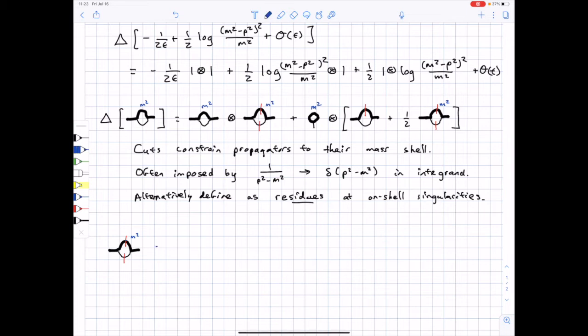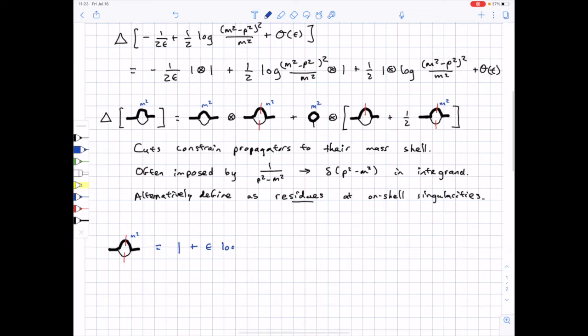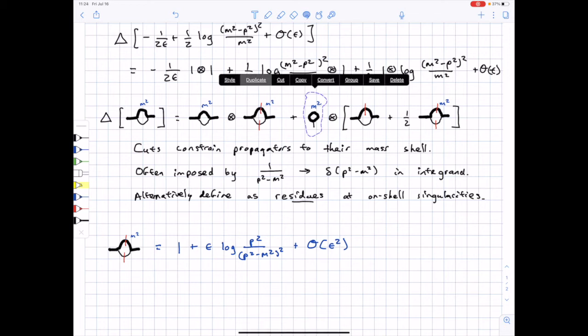In its first few orders in the epsilon expansion, this will be 1, which is not divergent, plus epsilon log p squared over p squared minus m squared squared plus order epsilon squared. Actually, you'll see why we need to go to the next order, to order epsilon, in order to check this properly. Then, so I've written the uncut bubble. We have the tadpole.